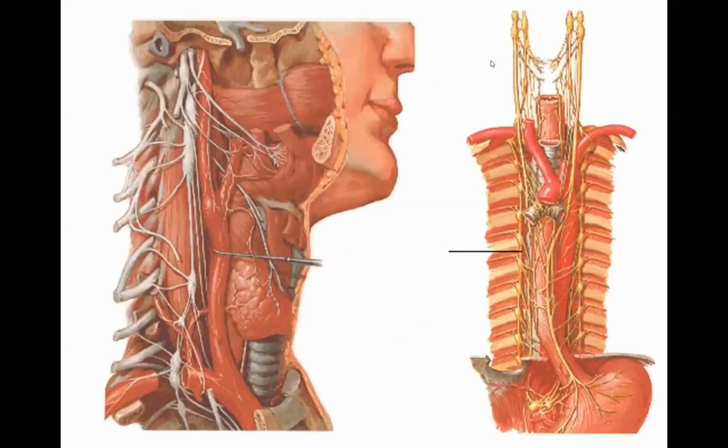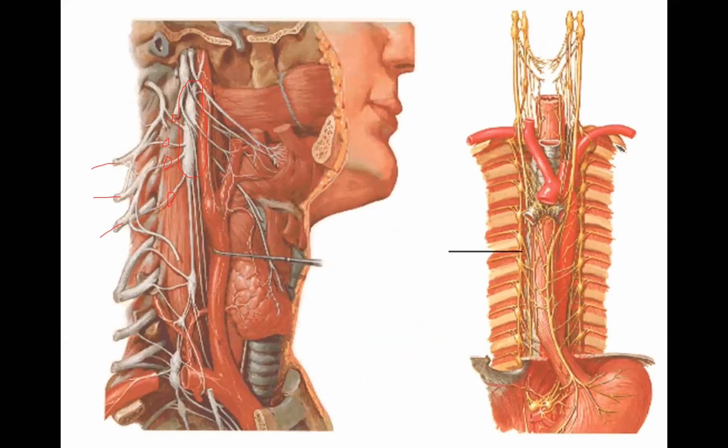Okay, then I'm going to show you the ganglion is here. And you can see some fibers. The great communicating branches are these ones. And you can see how they go into the spinal nerves forming the cervical plexus.